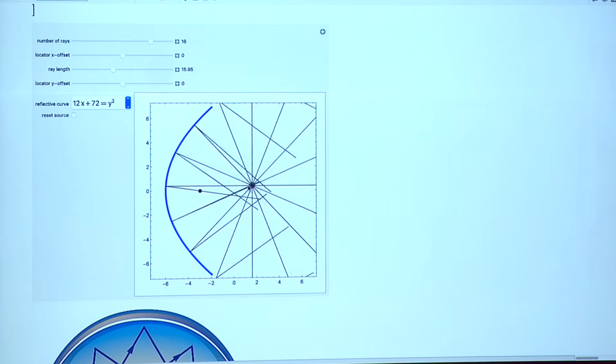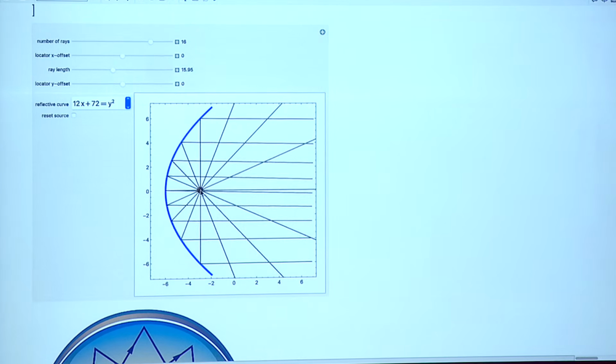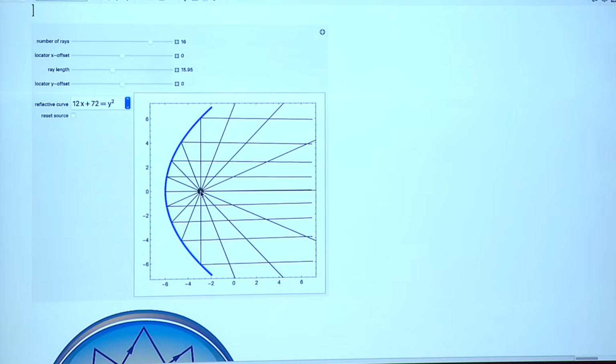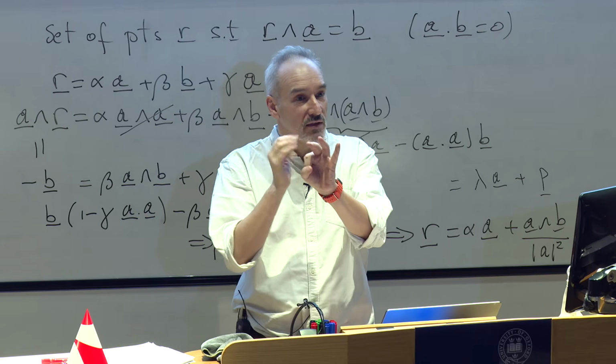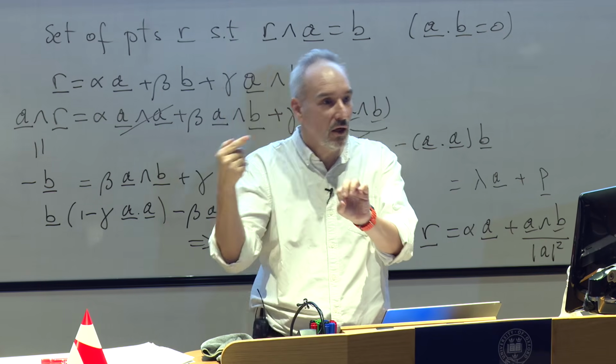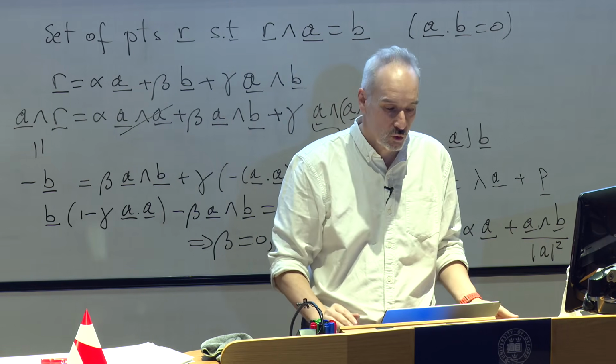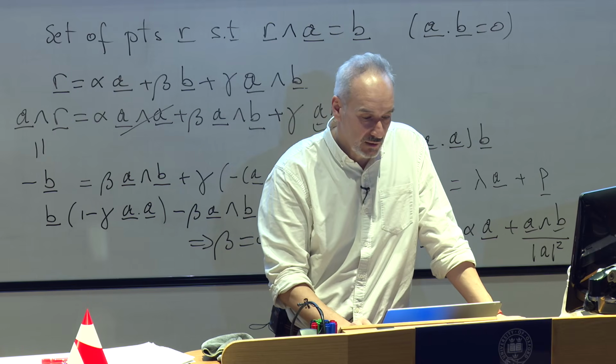But if I put my flashlight exactly at the focus, then the light rays go up and they reflect all parallel to the axis. That's one particular property of the parabola. And this is why we have parabolic dishes. This is why the headlights for cars used to be made of a parabola, with a light inside that reflects off the parabola to make a straight beam of light.